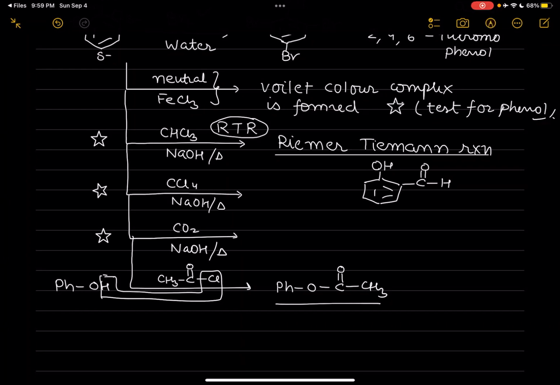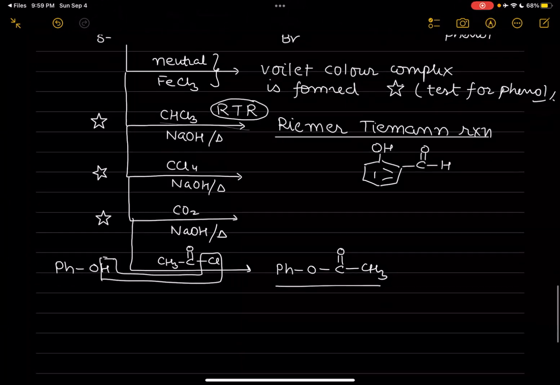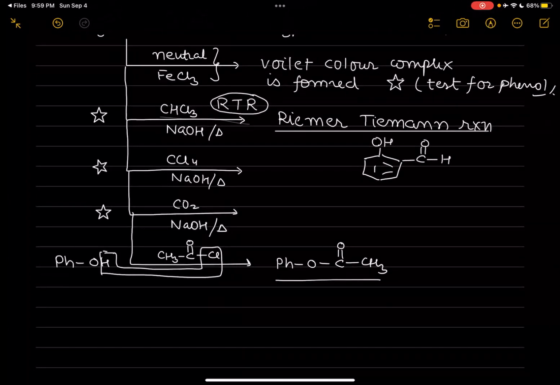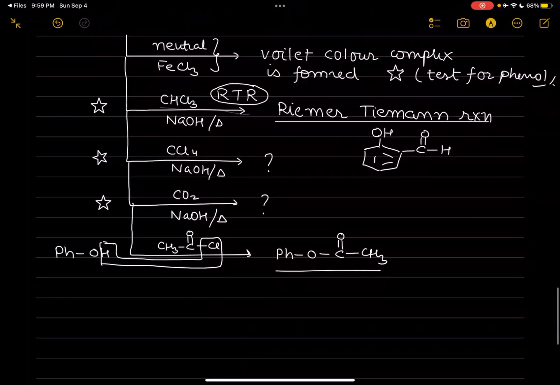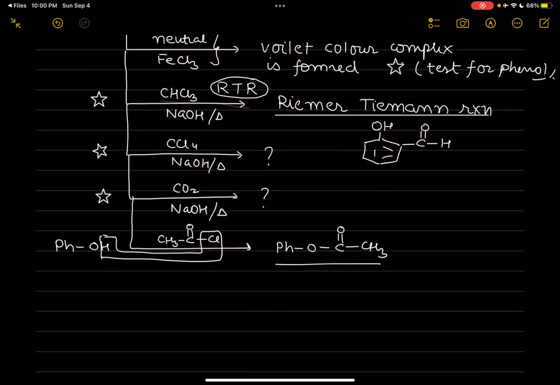And what's the name of the product? And what do you get in this case and in this case? These are similar to the Reimer-Tiemann reaction, but slightly different.